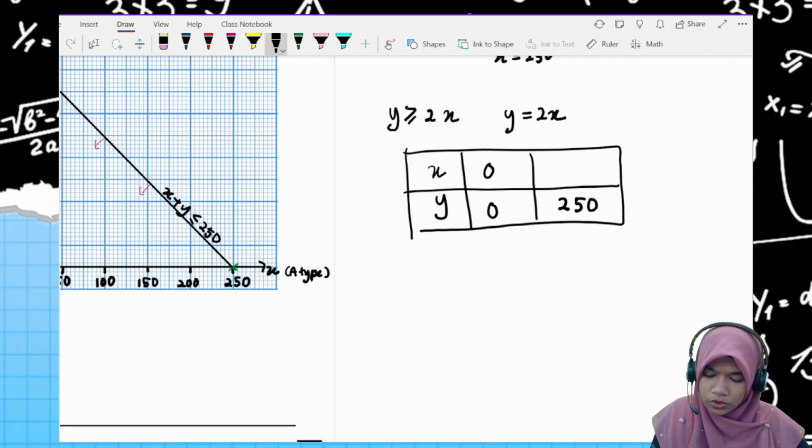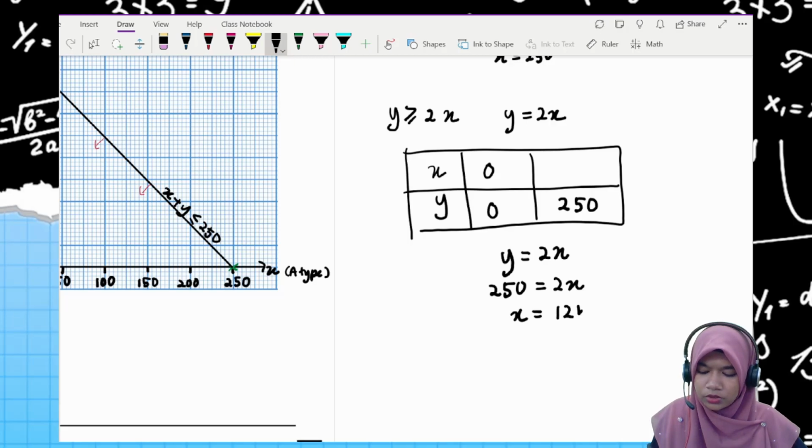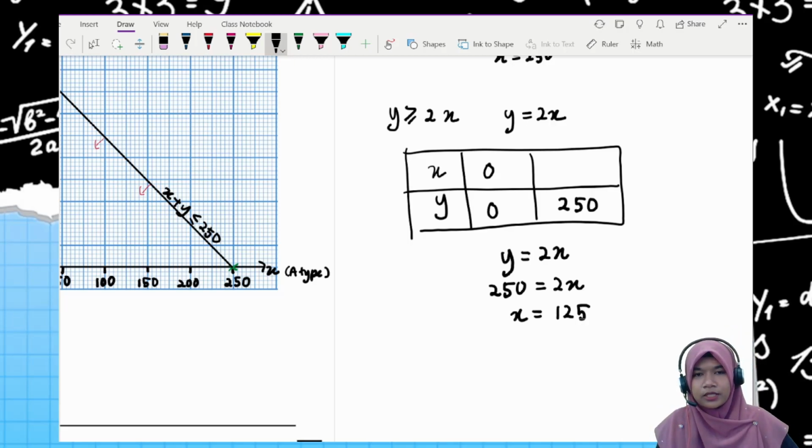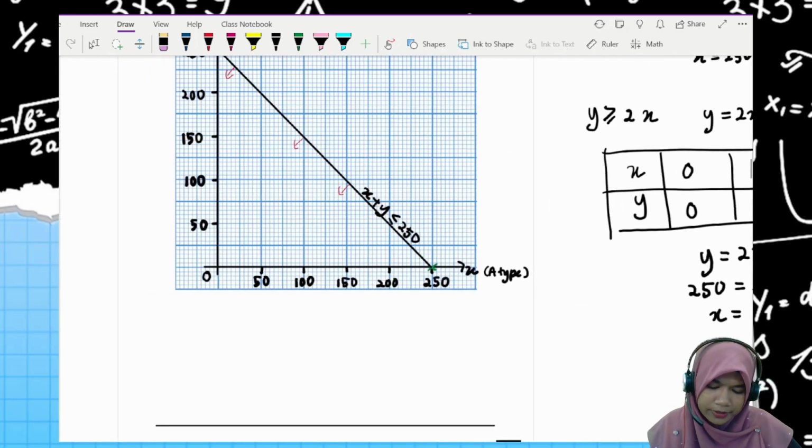Since y equals 2x, 250 equals 2x. What is the value of x? X equals 125. Or you can use the simple one.